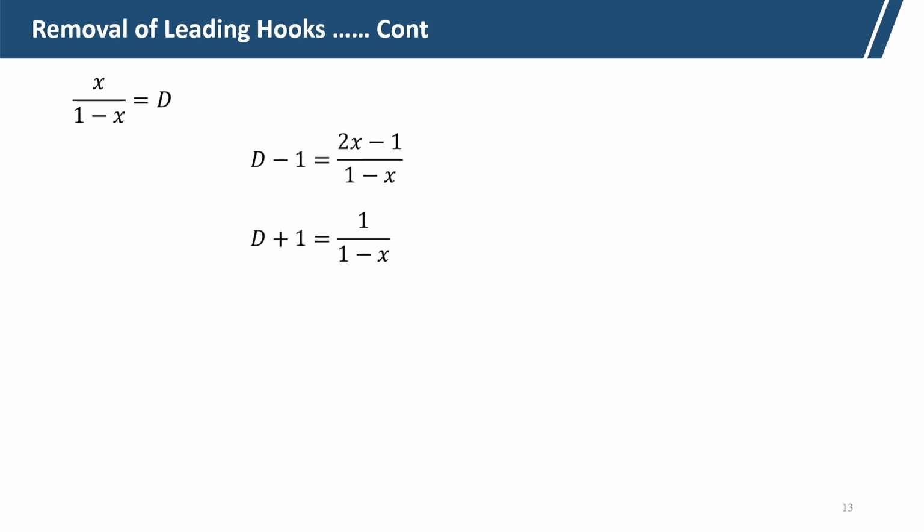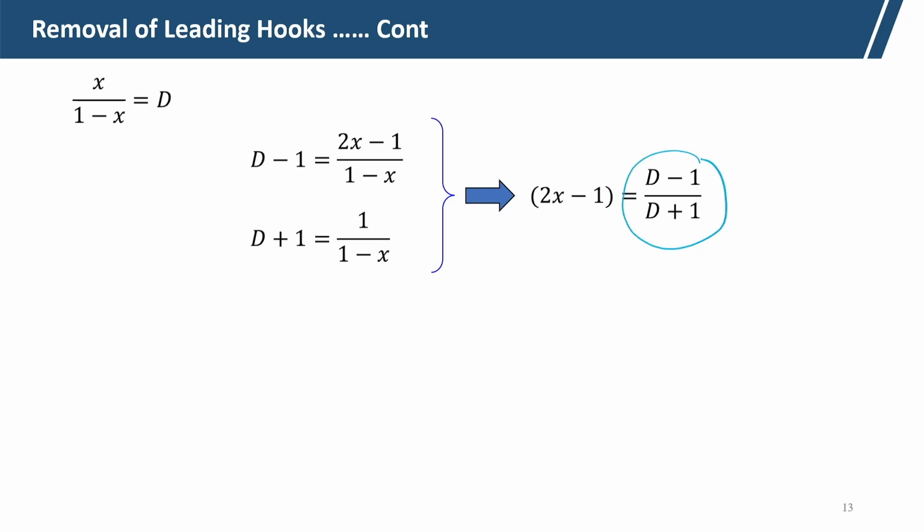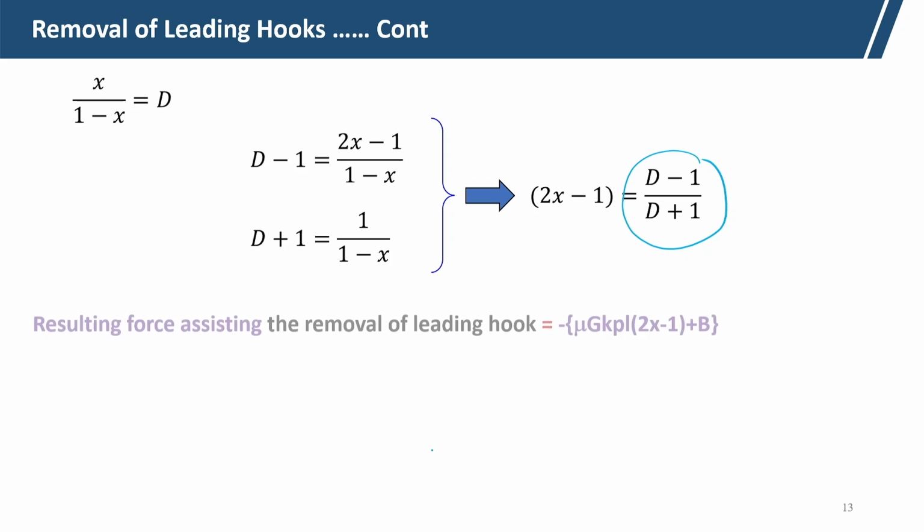So, d plus 1 is 1 by 1 minus x, that we can do. So, from these two relationships we can get 2x minus 1 will be d minus 1 by d plus 1, because 2x minus 1 we have to replace in the earlier relationship.